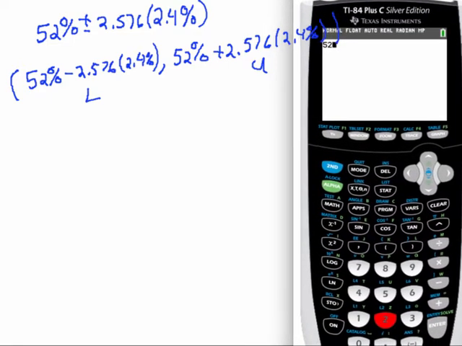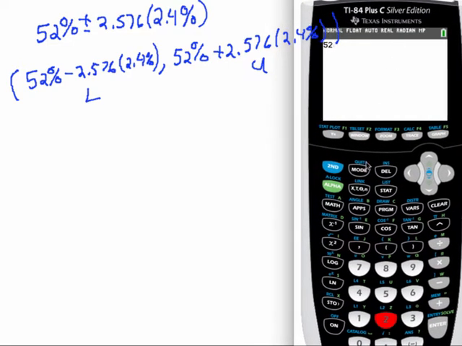Let me get it in the right spot. That'll work. Okay, so we'll take 52 and then we'll do the lower end. So we'll go minus 2.576 and then times 2.4. And we do that, that gives us the lower number, which is 45.8176. Okay, so let's write that down.